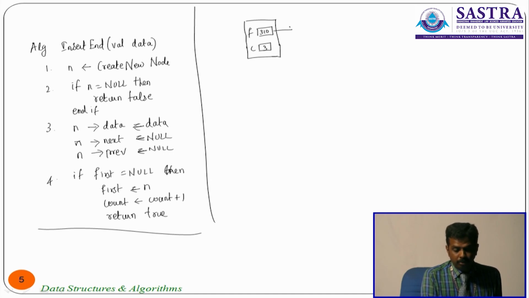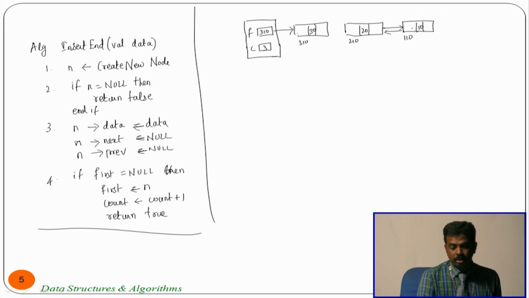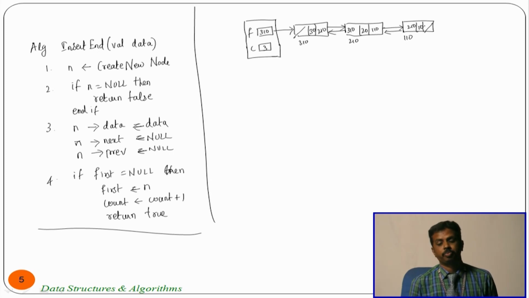Now the first node 30, the second node 20, and the third node 10. He is containing this information 310, 210 and 110, and this field is the 110 and this field is the 210, and this field containing the previous address 310, and this is a null and this is a null.